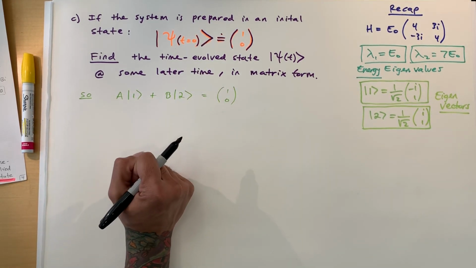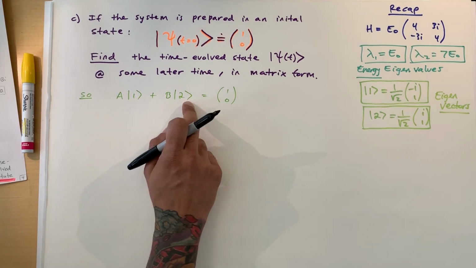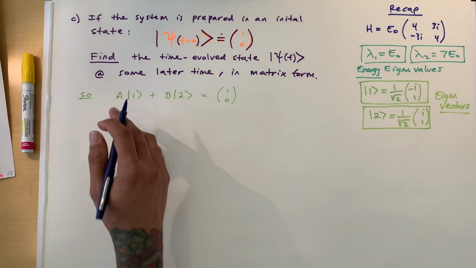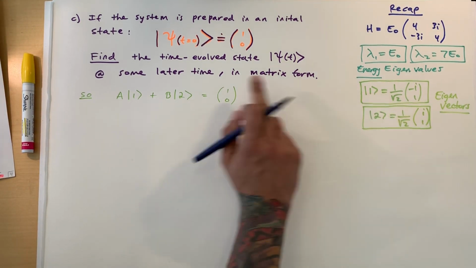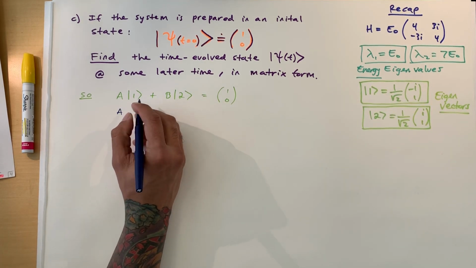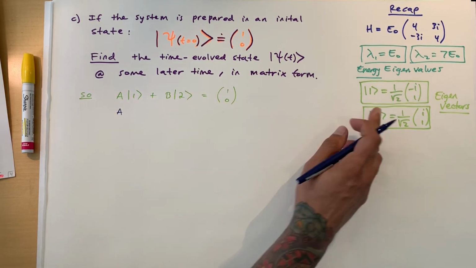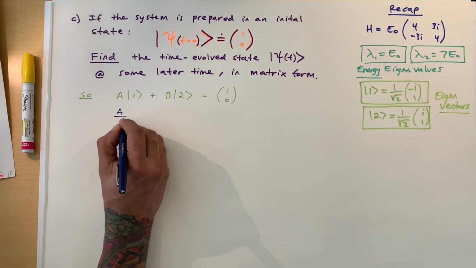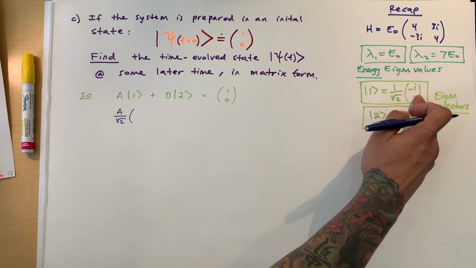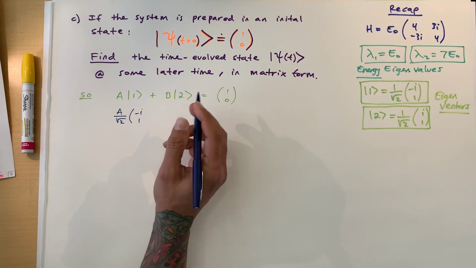Let's replace these states with the actual numbers that we got. For state 1, we have A, and we have 1 over square root of 2 on the outside, so I'm going to put this over 2, and then we have negative i, and 1 on the bottom.